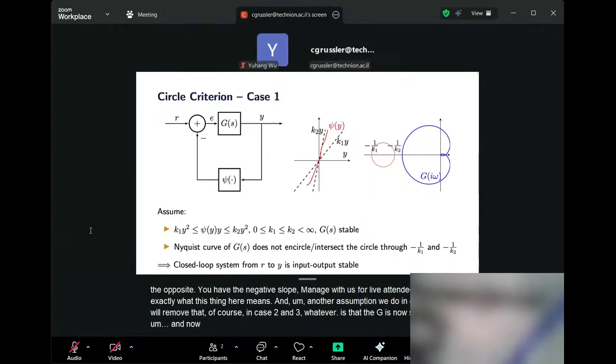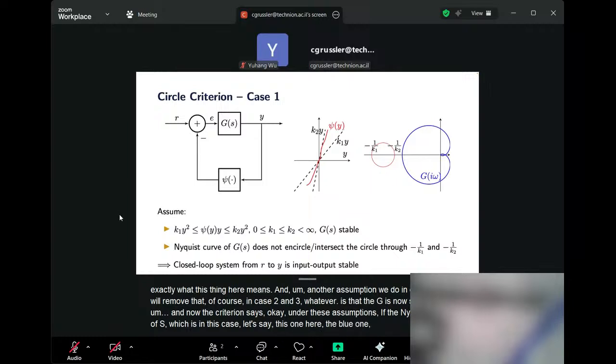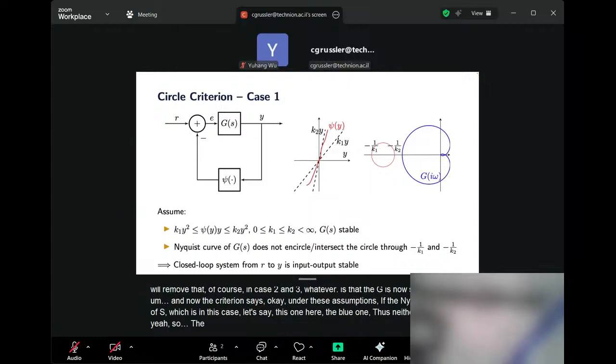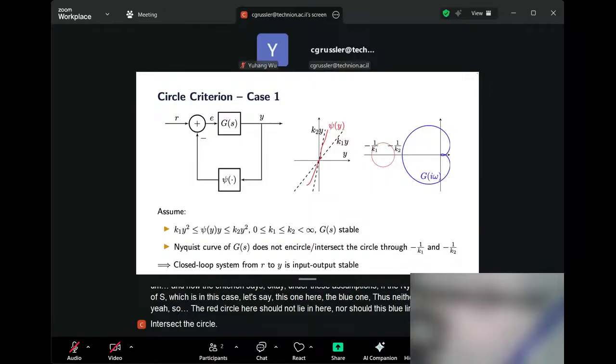Now the criterion says, under these assumptions, if the Nyquist curve of G of s, which in this case is the blue one, neither encircles the red circle here, nor intersects it, then I have a closed loop input-output stable system.